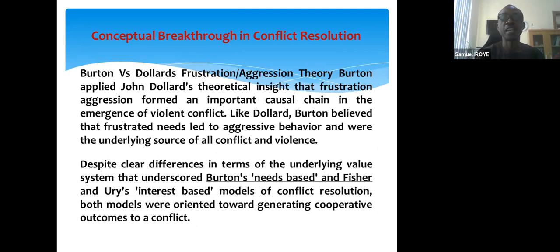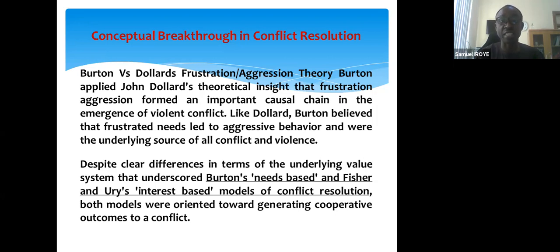Okay. Another relevant breakthrough theory in conflict resolution is Burton and Dollard's frustration-aggression theory. Here, Burton applied John Dollard's theoretical insight that frustration and aggression form an important causal chain in the emergence of violent conflict.